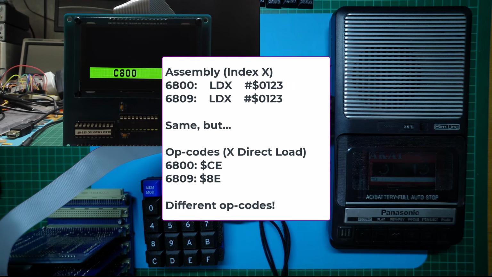For example, the immediate data load of the 16-bit X index register was CE on the 6800, but it has changed to 8E on the 6809.